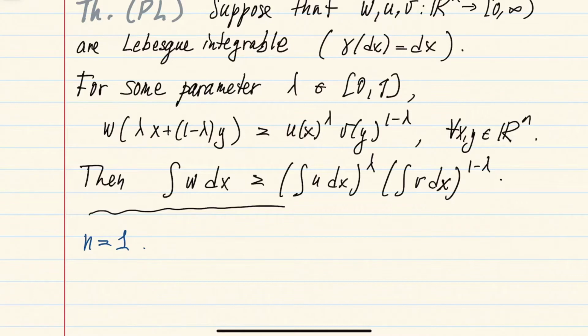The induction on n is actually an elementary step. I would recommend to try it even without looking at the notes. But the starting point in this induction, n equals 1, is where we use the Brunn-Minkowski inequality on the real line.